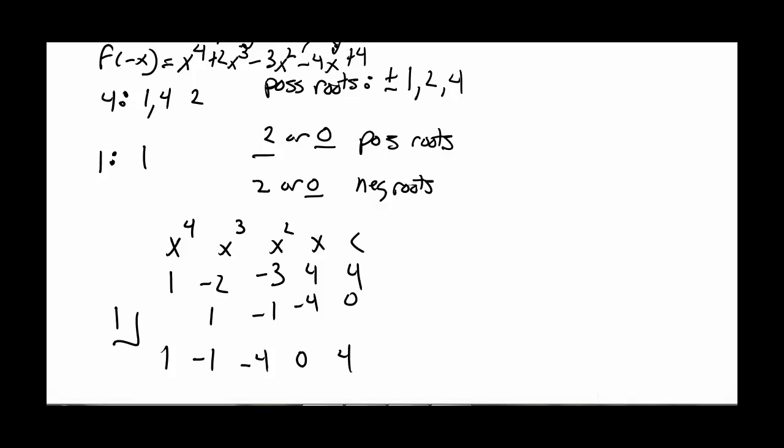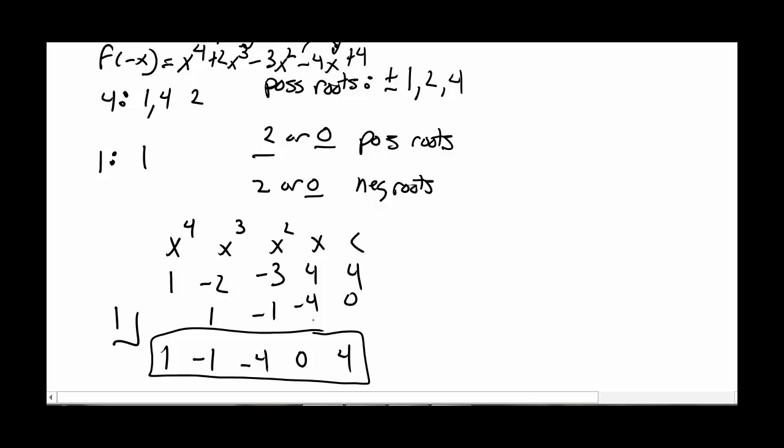Now, the nice part is, it's not really going to change what we do next, but if I think about upper limits theorem, I plugged in a positive 1. The only thing that a positive 1 can say is whether it's an upper bound or not an upper bound. And because this row of numbers were not all positives, and for an upper bound it's got to be all the same positive sign, no negatives can show up.